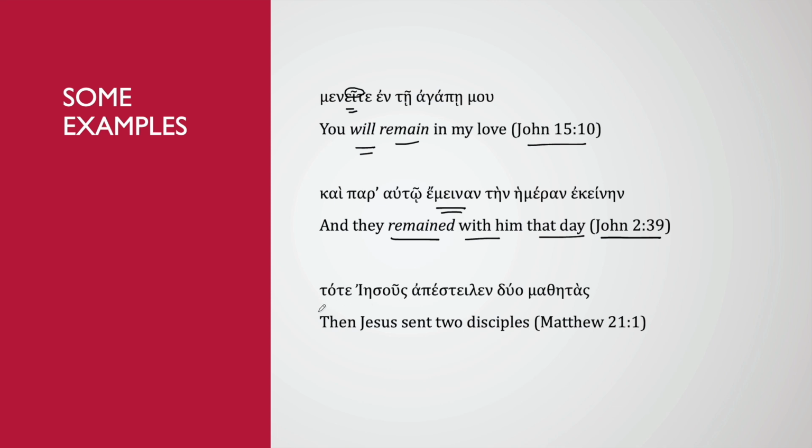And finally, τότε Ἰησοῦς ἀπέστειλεν δύο μαθητάς. This is right before the triumphal entry, and so Jesus and his disciples get near Jerusalem, and Jesus sent two disciples into the village to get the donkey.